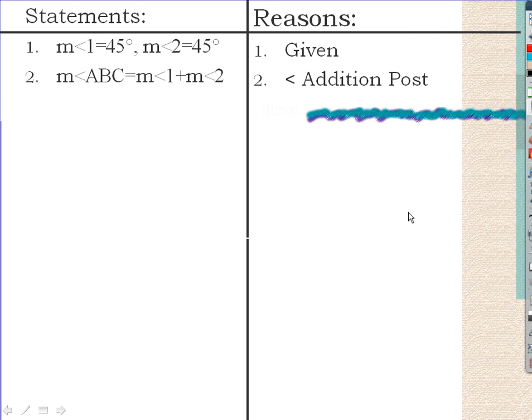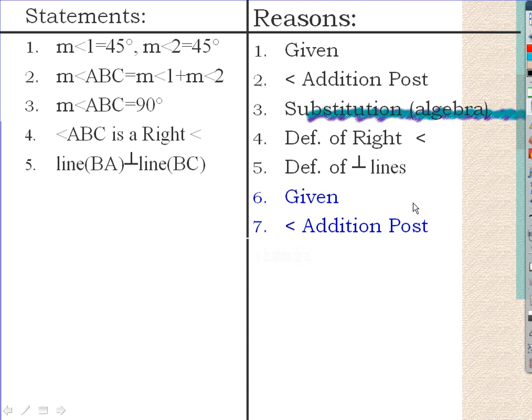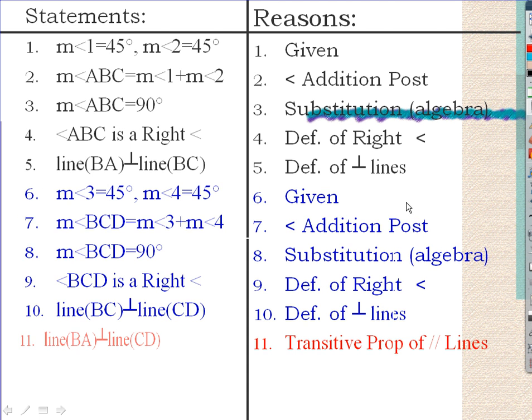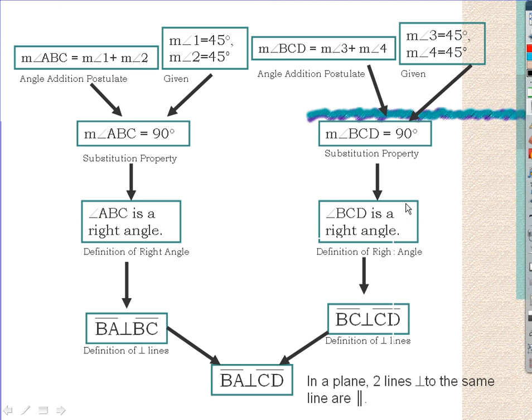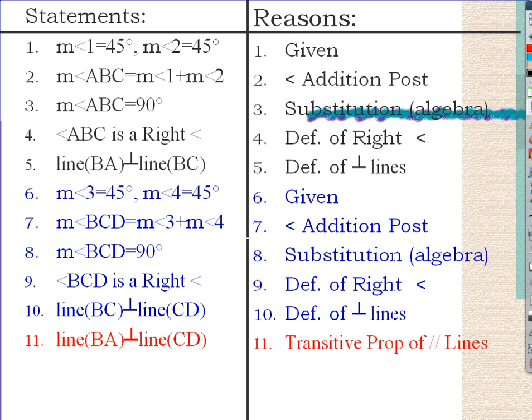Let me just put all the answers up here, and then we'll look at them all at once. Okay, so here's what we said, right? Measure of angle 1 is 45, measure of angle 2 is 45. That was given to us.